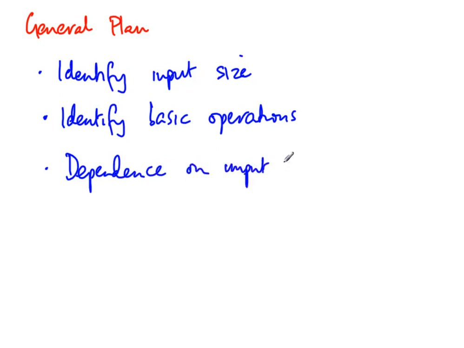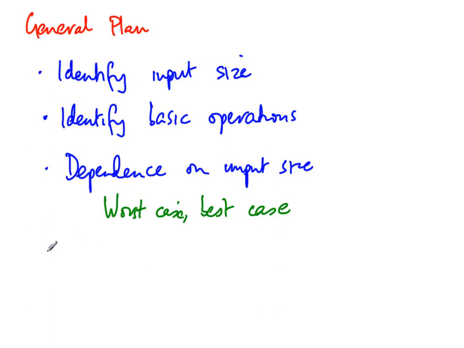For every input, do you do the same number of basic operations for every input of a given size, or does it depend on the values themselves? Depending on that, you have to worry about worst case, best case, etc. So far, everything is exactly the same as for a non-recursive algorithm.